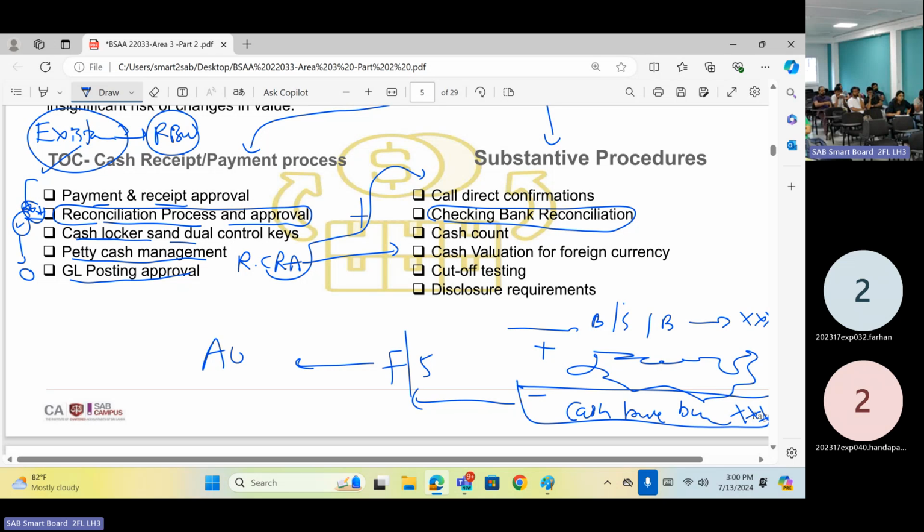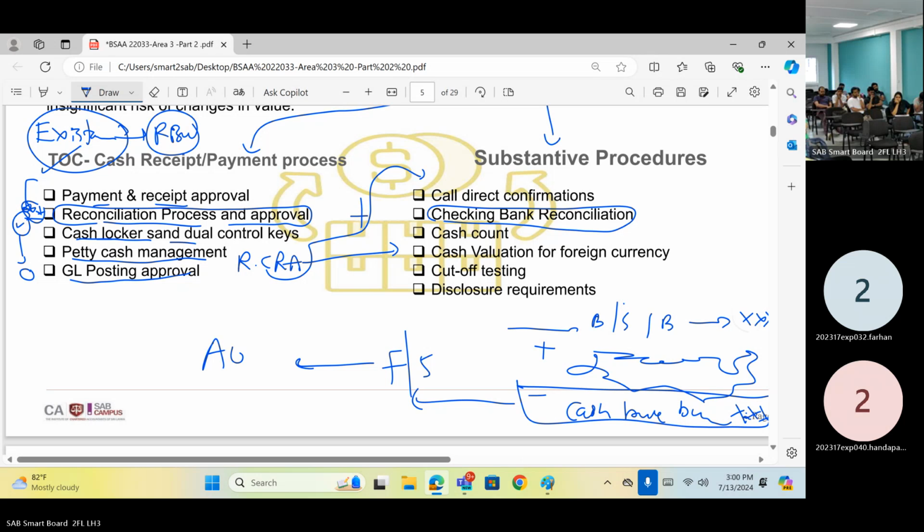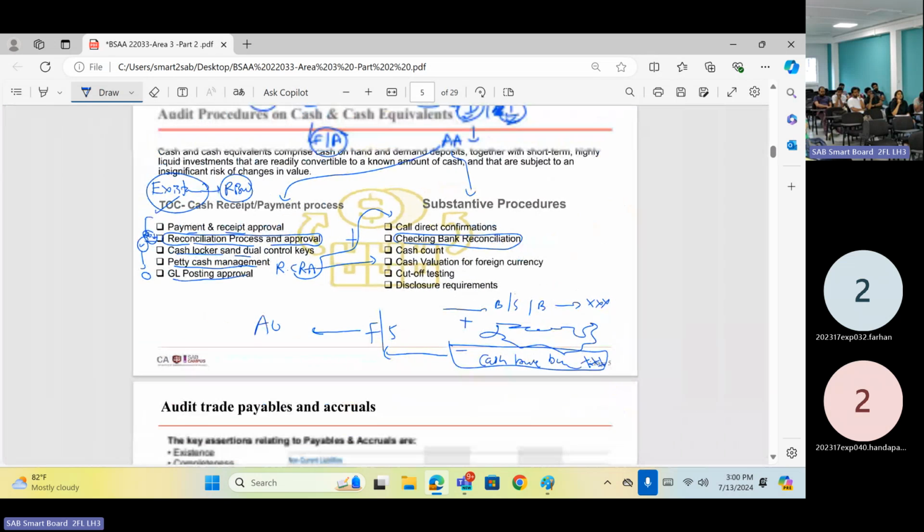It means this balance should be ensured. To ensure this balance, the reconciling items should be validated. You have to be satisfied with the reconciling items. Then only can you be satisfied with this balance.